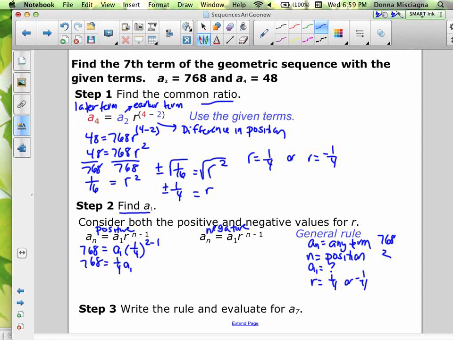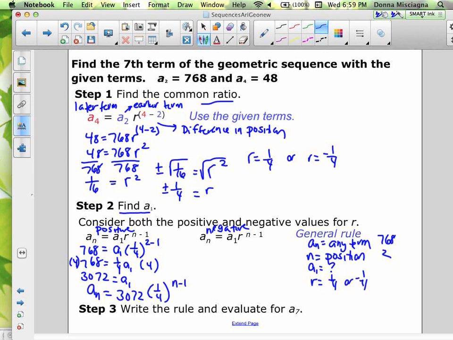We'll multiply both sides by 4. So our A1 is going to be 768 times 4, or 3,072. So for the positive case, our rule is AN equals 3,072 times 1/4 to the n minus 1 power.